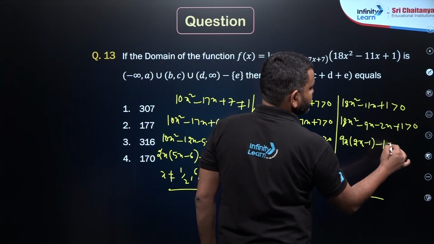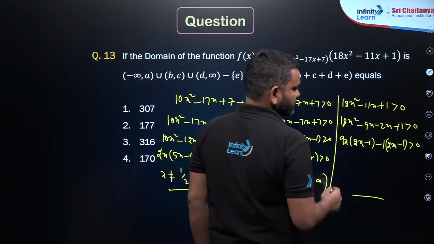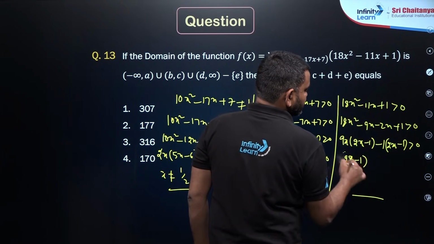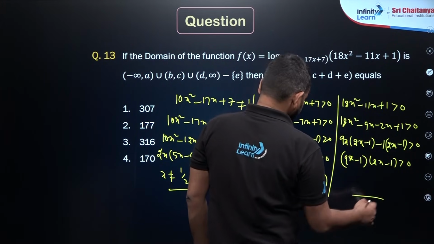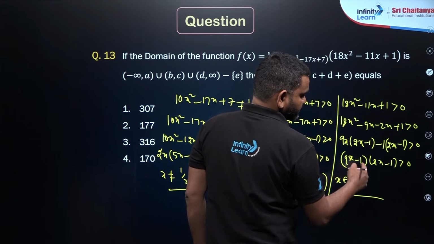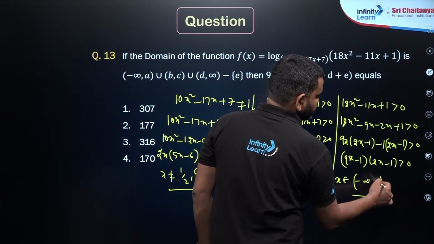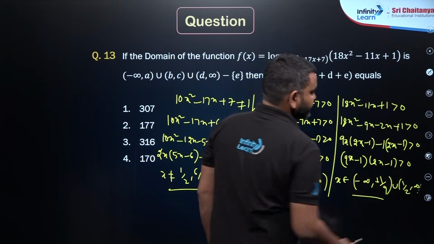Minus 1 if I am taking common, this is going to be 2x minus 1 is greater than 0. So 9x minus 1 into 2x minus 1 is greater than 0. So here the value of x belongs to 1 by 9 is lesser than 1 by 2. So minus infinity to 1 by 9 union 1 by 2 to infinity is what I am going to get.